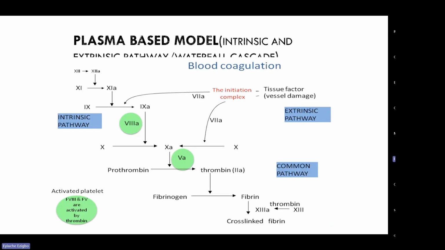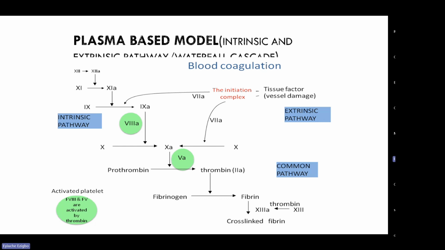So to describe the plasma-based model of blood coagulation, we say that there are two pathways. I've already established that it has intrinsic and extrinsic pathways. The intrinsic pathway begins with factor 12, because factor 12 is found in the blood. Then because tissue factor is not found in the blood, that arm was named the extrinsic pathway.